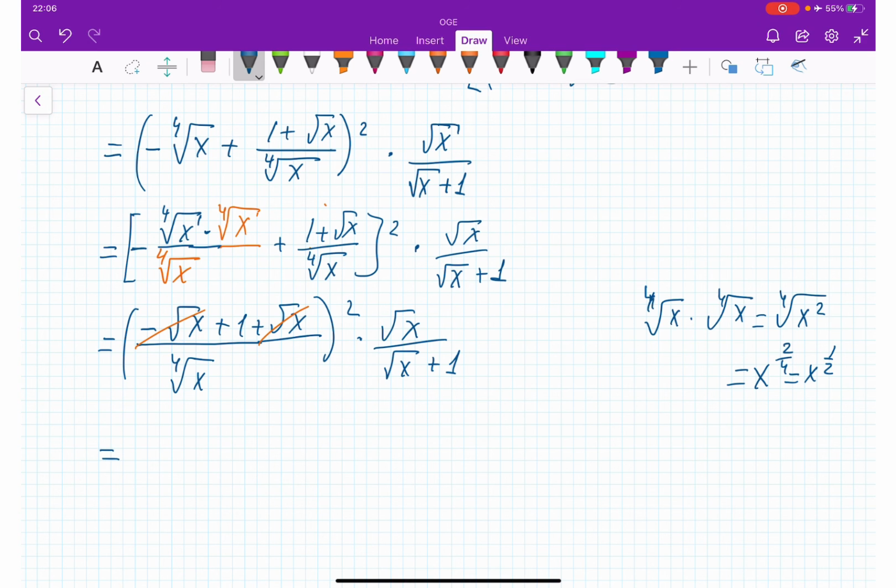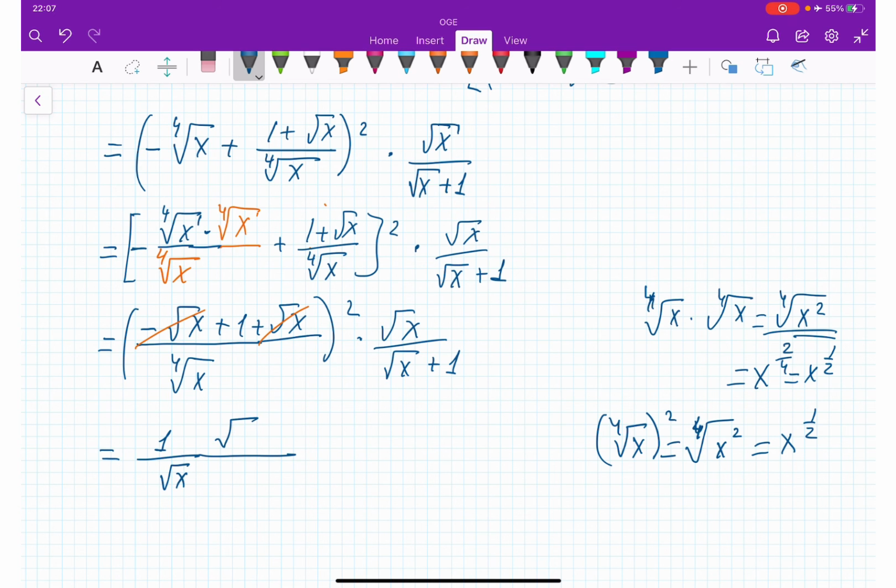And finally, since we have a square here, the fourth root of x squared is the same thing, which in the same way we're going to get x to the 1/2, which is square root of x. And multiplying by square root of x times square root of x plus 1, we are canceling here.